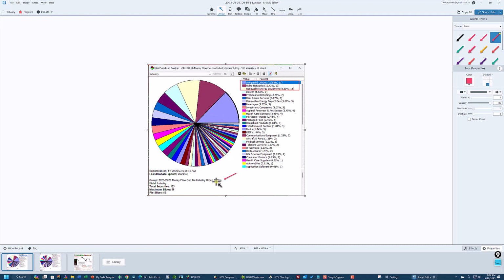Money flow out. I marked this up. I paused it, and you can see that renewable energy equipment was down pretty hard. 14 stocks, utilities, and integrated utilities also were big losers. Biotech is such a big group, you're going to see it on both sides of the money flow.